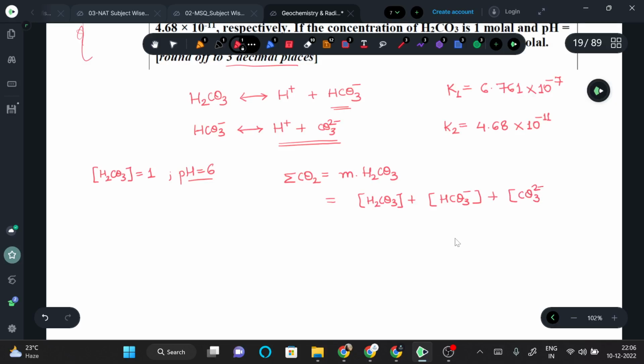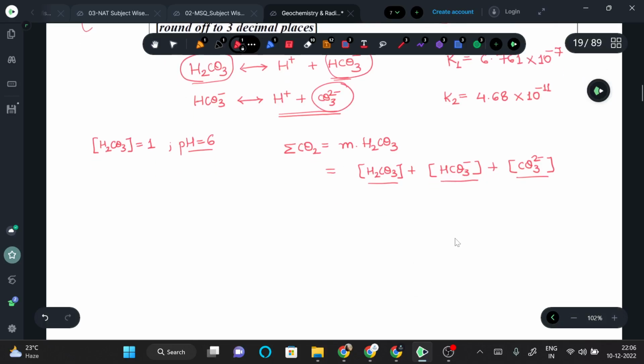So we are writing everything down from where CO2 can be found. Not summation CO2, but individual CO2s from HCO3 minus and CO3 2 minus. So these three we have in the reactions, and these three are where CO2 can be found.